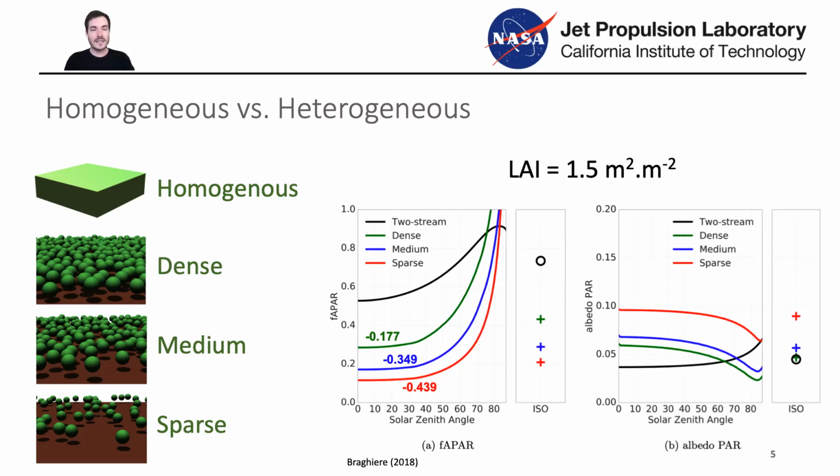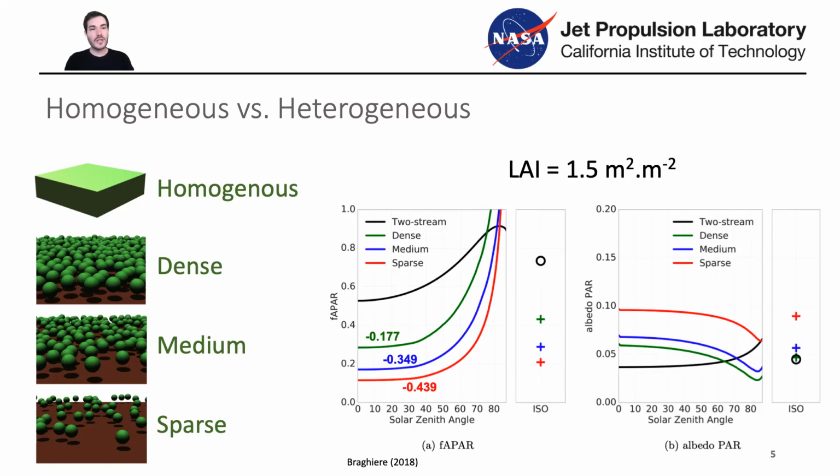And so in this exercise here, I use the 3D radiative transfer model MyESPA, and I hold the leaf area index constant and equal to 1.5 meters squared per meter squared. And all I do is vary the canopy density. So the way in which the 3D model sees it is a number of spheres randomly distributed over the space, and we vary the canopy density from a very sparse case to a dense case.